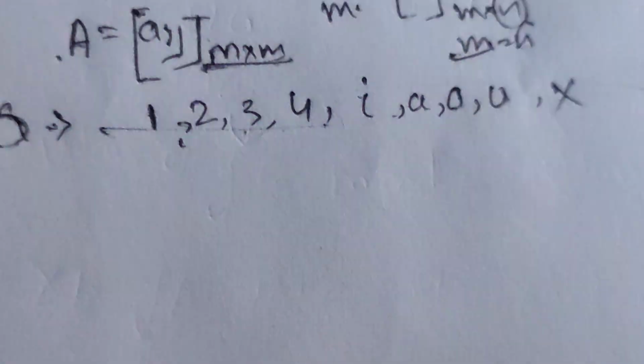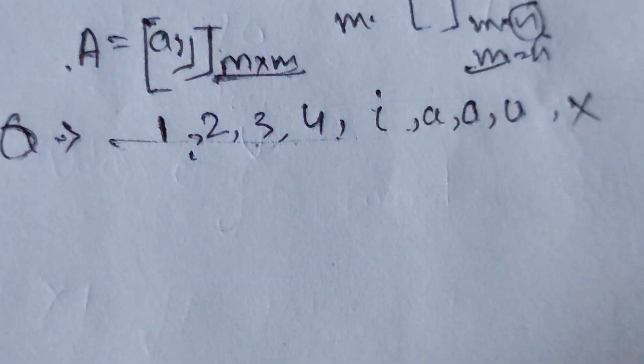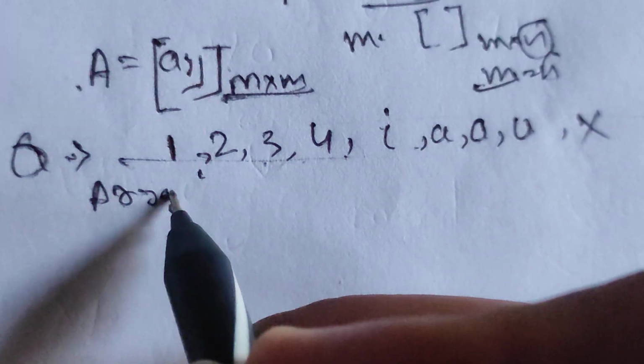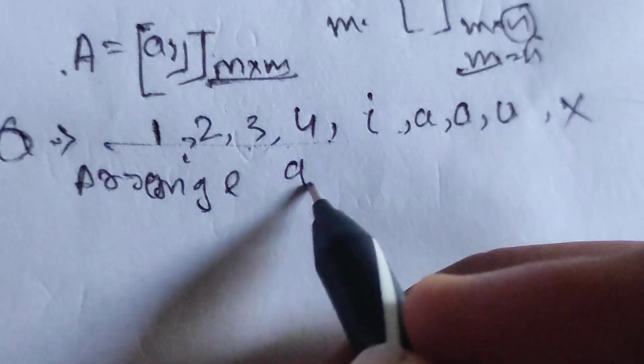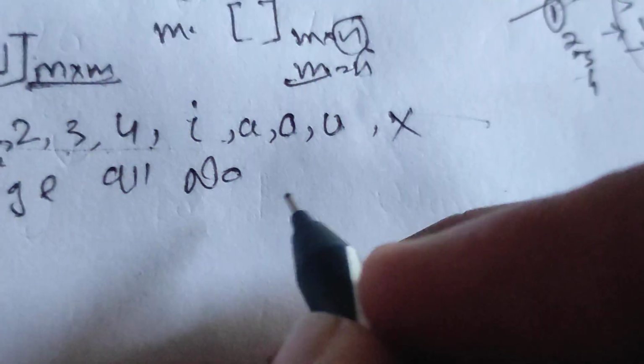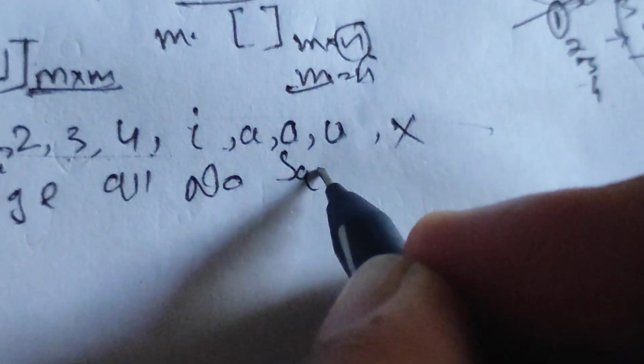Now my question is, because a matrix is an arrangement, arrange all these numbers as a matrix, in square form.